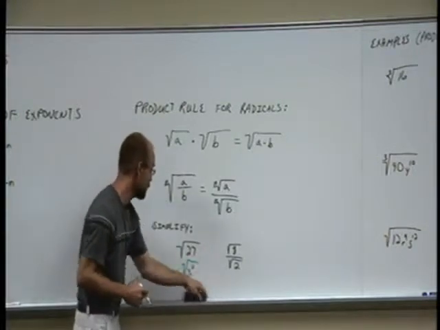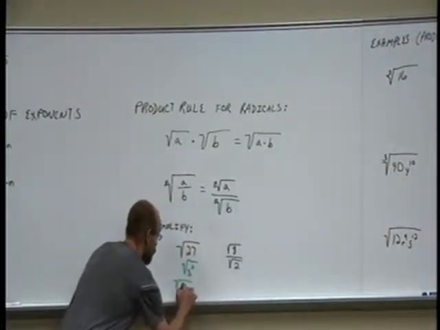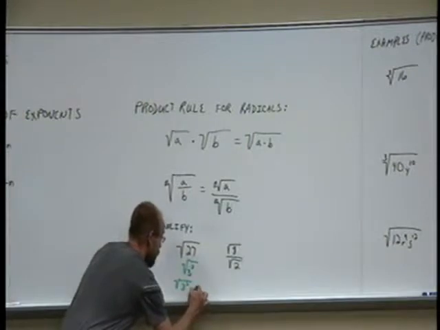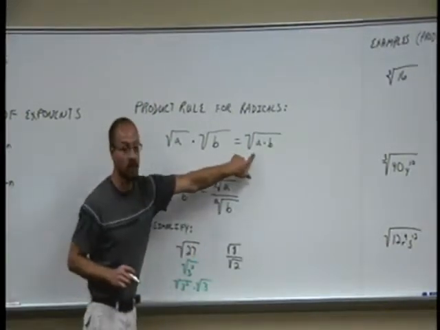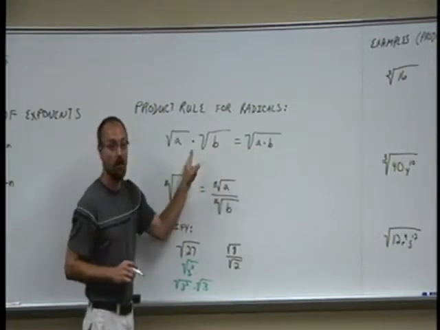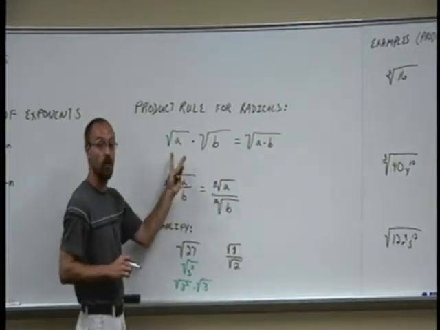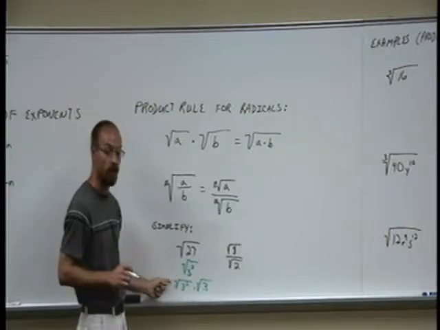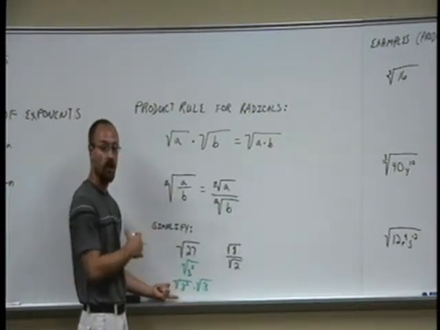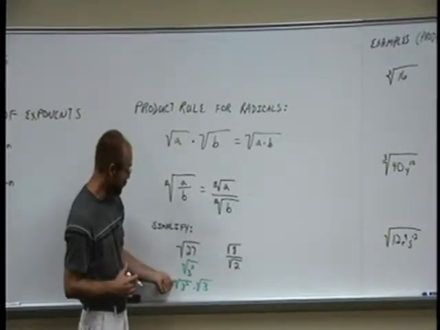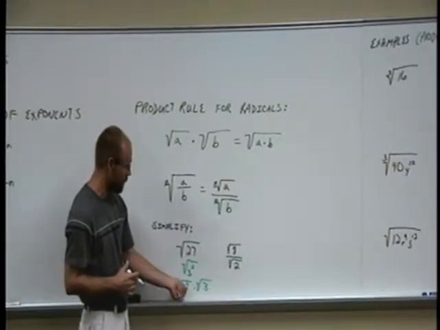Well, I can say, well, this is the same as the square root of 3 squared times the square root of 3. So essentially I took this as a product and I broke it up into two separate radicals with the same index. They're still square roots. But what can I do with this? The square root of 3 squared, if we recall in the last video, I can say, well, I'm taking the square root of something squared.